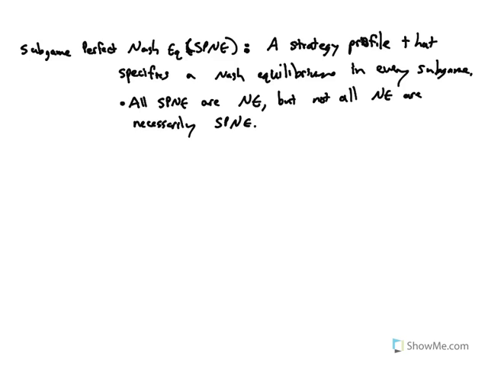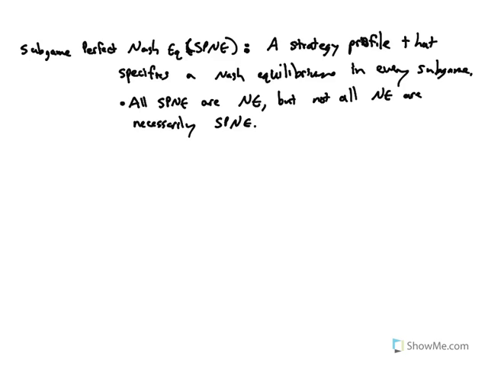Again, since the full game itself is a subgame, then every subgame perfect Nash equilibrium has to be an equilibrium of that subgame, which is an equilibrium of the full game, right? So to be subgame perfect, it has to be a regular Nash equilibrium. But in addition, it has to implement a Nash equilibrium in every subgame as well.